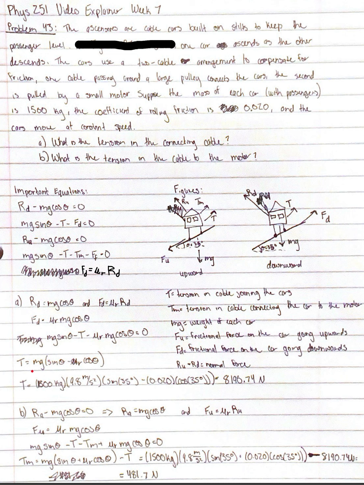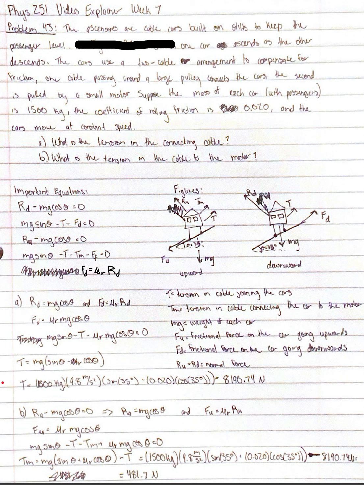We get tension equals mass times gravity times sine of theta minus the coefficient of rolling friction times cosine theta. Here we plug in everything that we know and are given, and we solve for the tension in the connecting cable, which is 8,190.74 newtons.